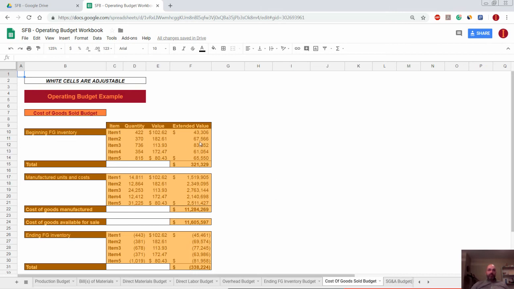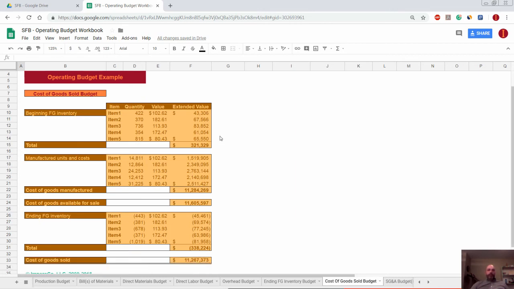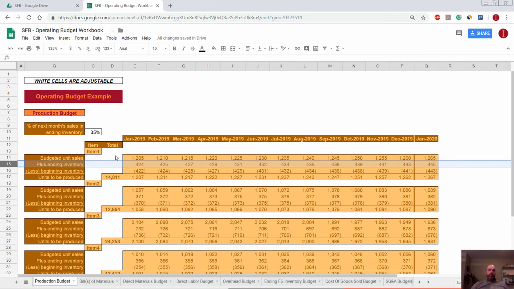Move on to the cost of goods sold budget. Same principles. We've got each item here for beginning finished goods inventory. The quantity comes from the production budget, way back here, 422 for item 1.